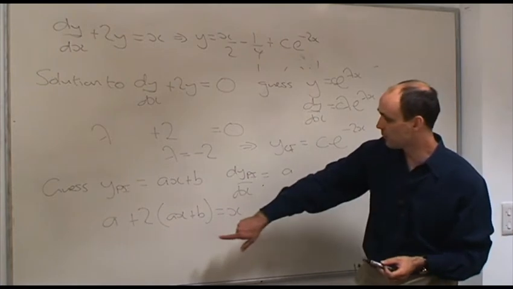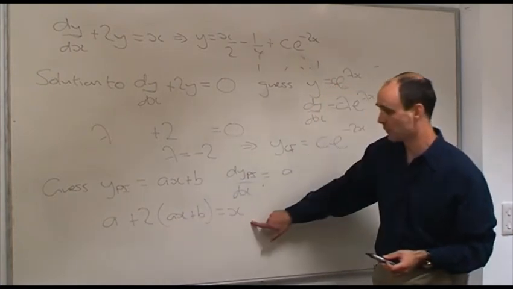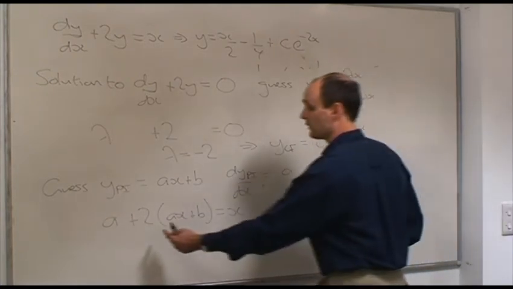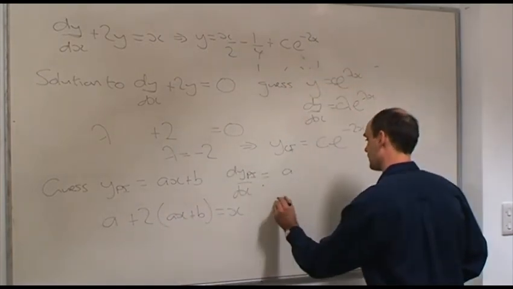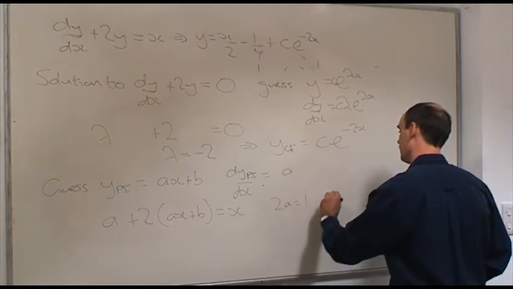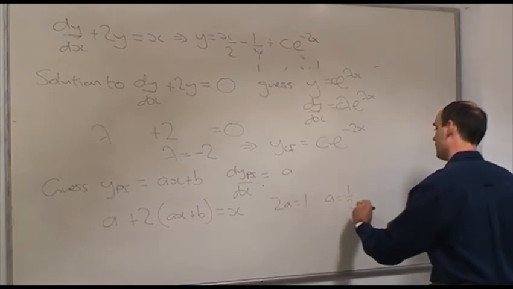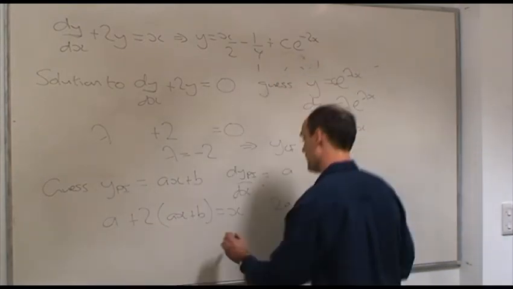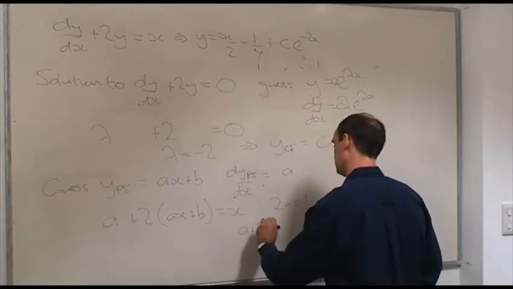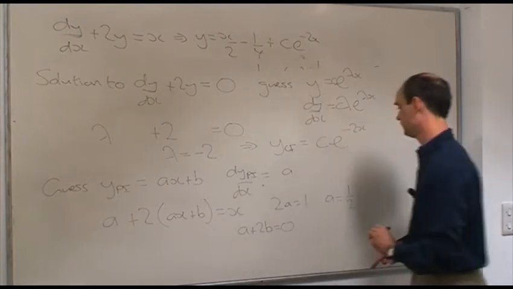Well, all the terms proportional to x must be the same on both sides of this equation. And here we see we've got 2 times a times x is equal to x. That tells us that 2a has got to equal 1, or a has got to equal a half. And we have a plus 2b is equal to 0.